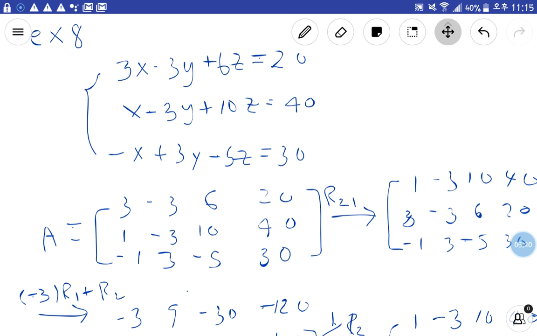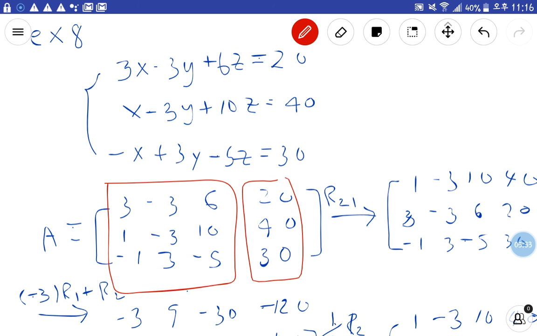So my goal is to make this matrix A into 1 0 0, 0 1 0, 0 0 1 in this spot, so that this number directly becomes my solution.